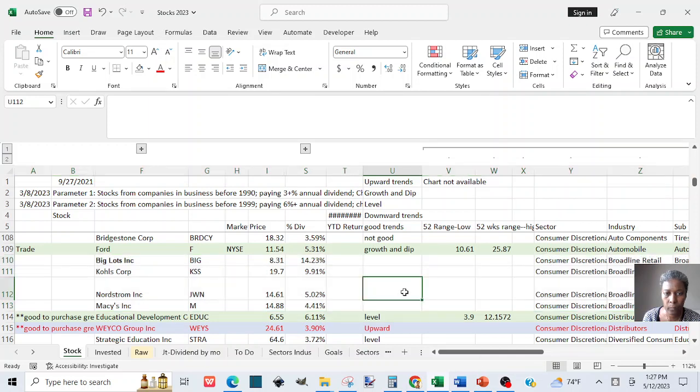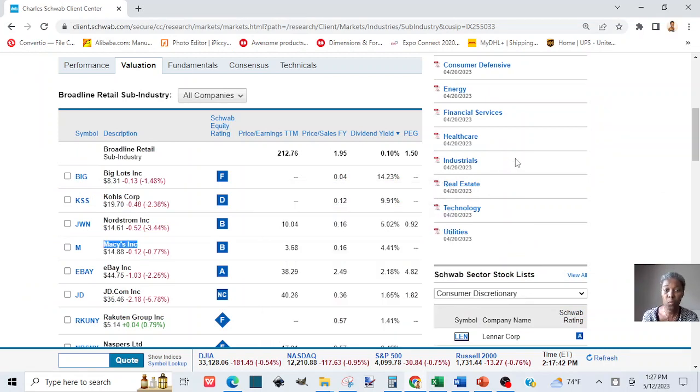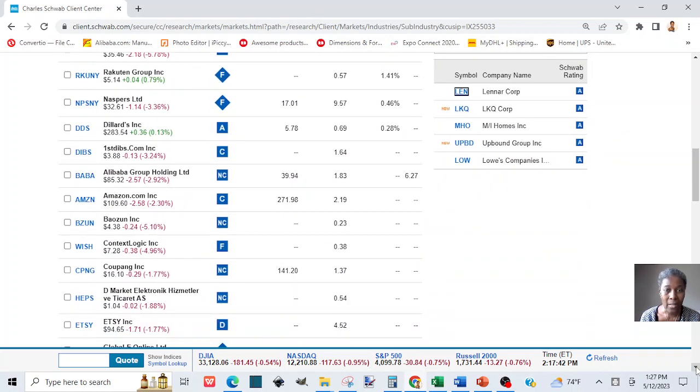Okay. And pretty much at this stage, you pull those high paying dividend stocks from these sub industries, and you can just go through them to see what is out there.